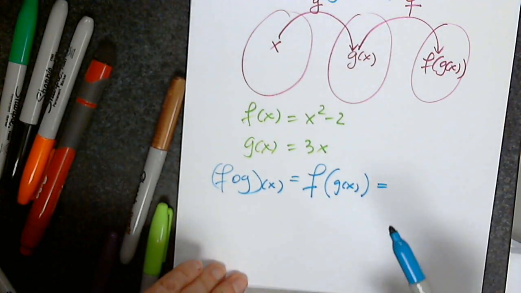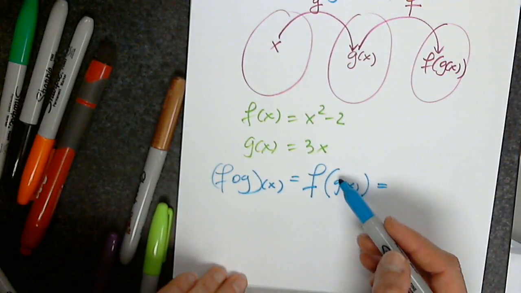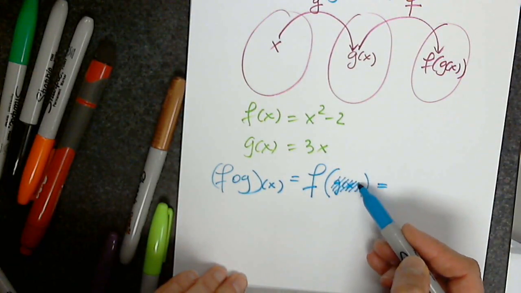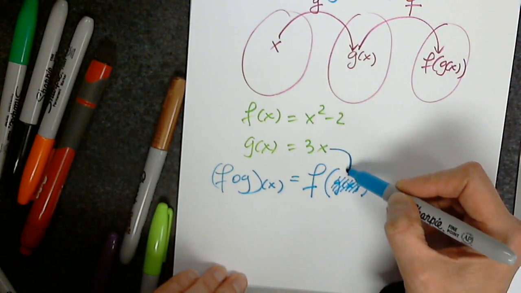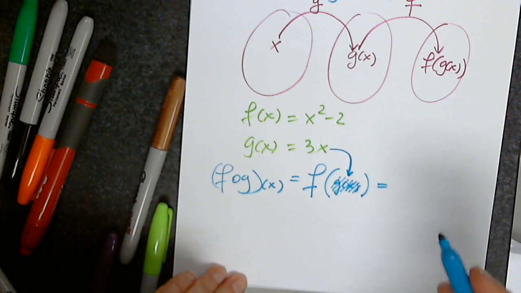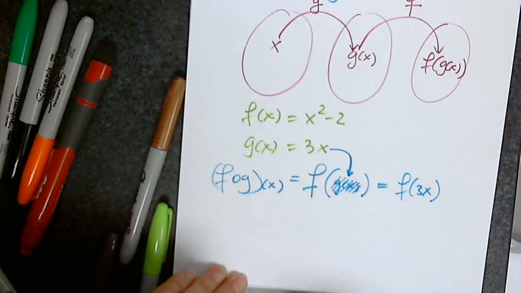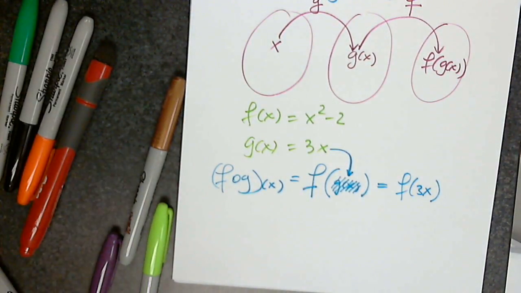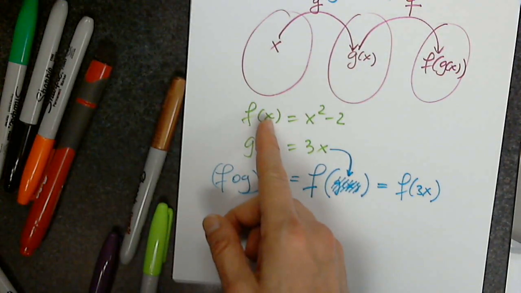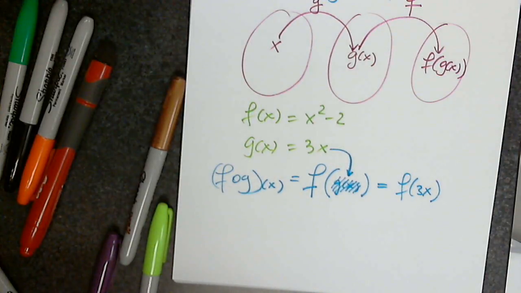Now, here's what I do. You don't have to erase it like that. I'm just making a point. This will get replaced by this. So this is f of 3 times x. Then I look at function f and try to decipher what it tells me. Function f says f of whatever is whatever squared minus 2.